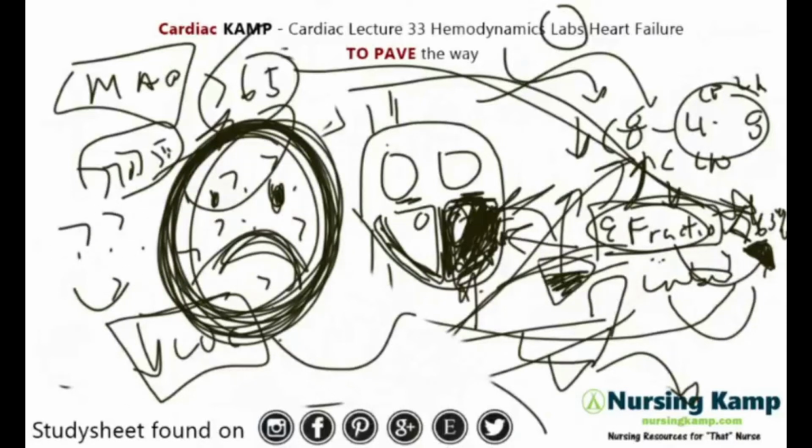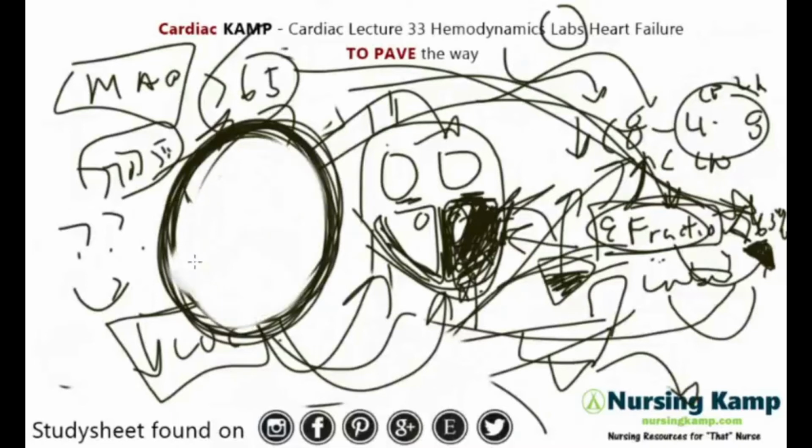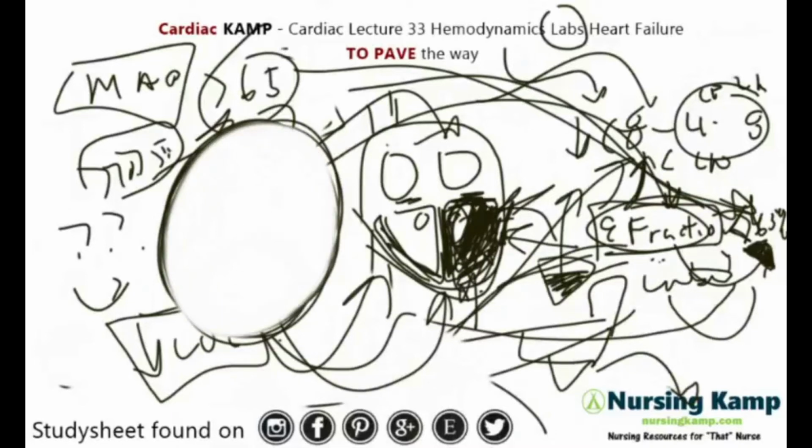So it basically says, hey, heart, what's going on down at the heart? And because the body wants to survive, the heart is pumping as hard as it can. And what happens is it starts to stretch and have problems. And the brain says, wait a second here. Why am I not getting perfused?